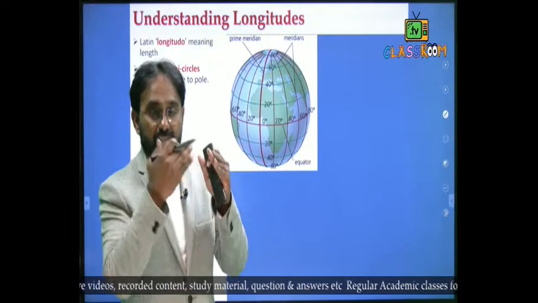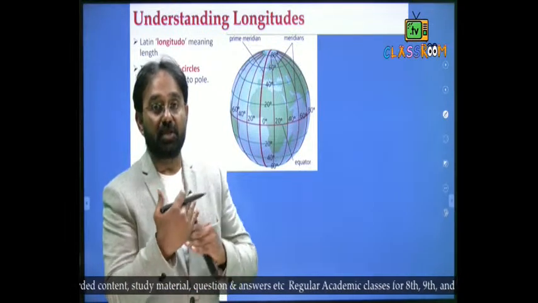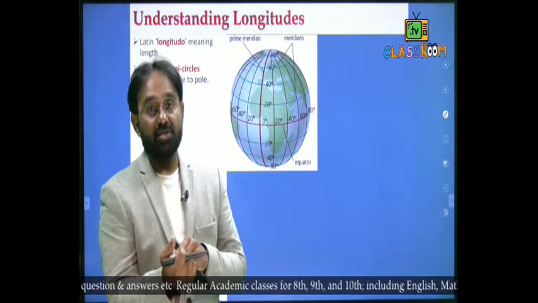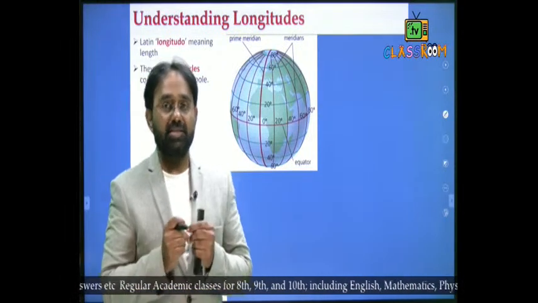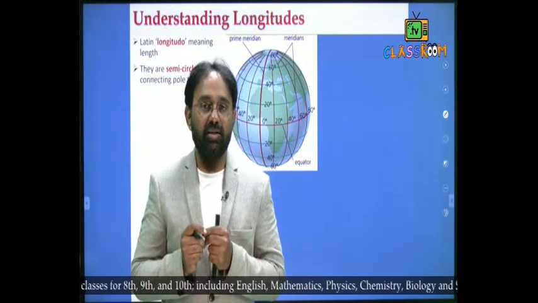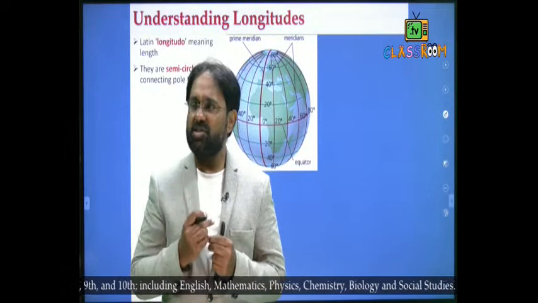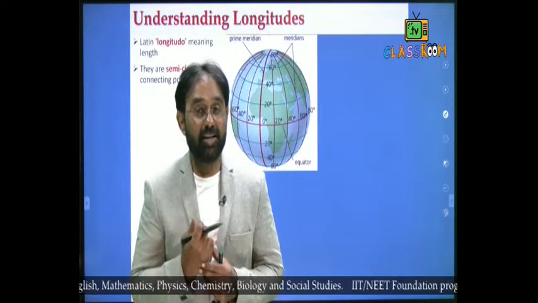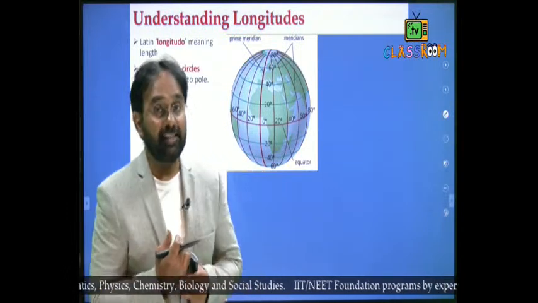Because of this intersection only we are able to find out the exact location of anything on the surface of the earth. You are seeing your Google Maps and GPS location, right? When someone says please send me your WhatsApp location, please share your location, what are you sharing there?